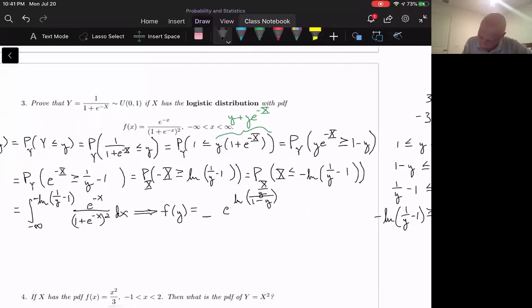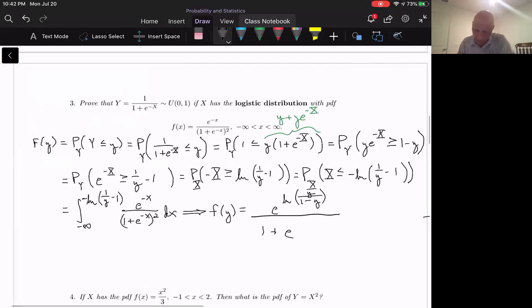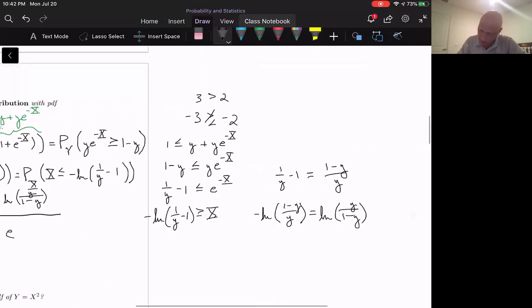And then on the bottom, we have 1 plus e. Wait, hold on. Nope, that negative sign's actually going to cancel out. Yeah, I apologize.